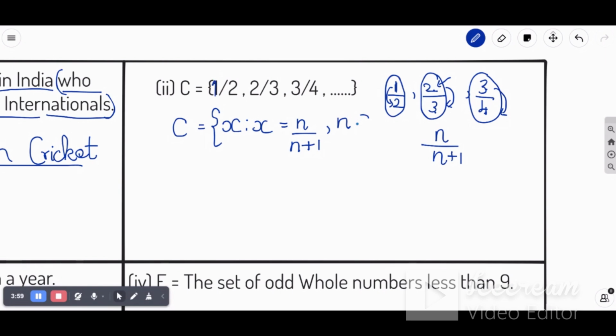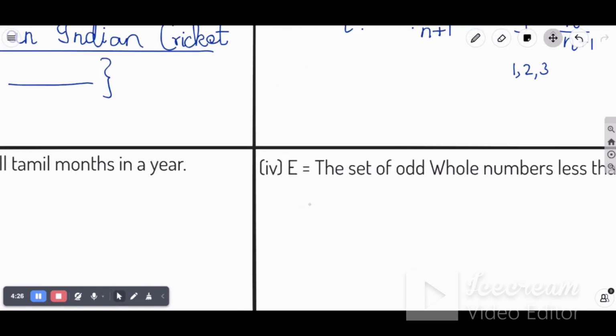If you put n belongs to W, then there will be another number 0 by 1. So 0 will come, which is not allowed. So we have to carefully make it and let it be n belongs to capital N, because capital N starts only from one, the natural numbers. So our answer will be x such that x is equal to n by n plus 1, n belongs to capital N. So let's move on to the next question.